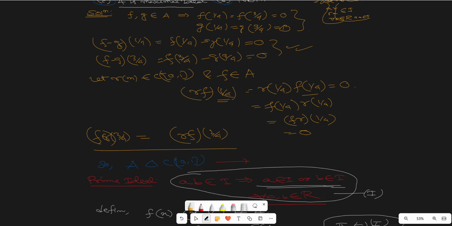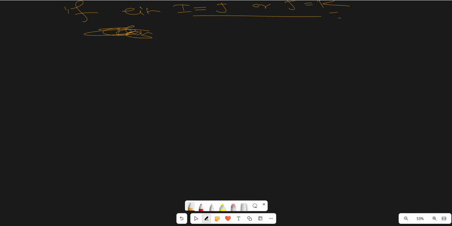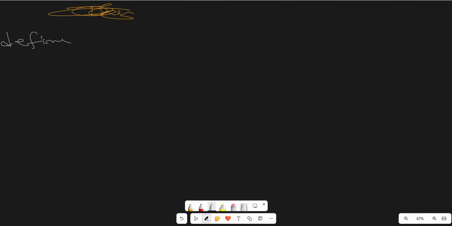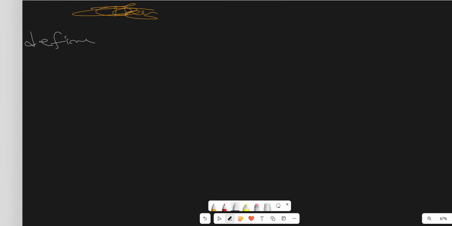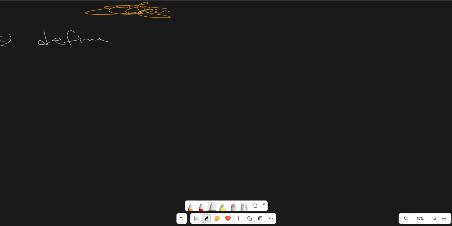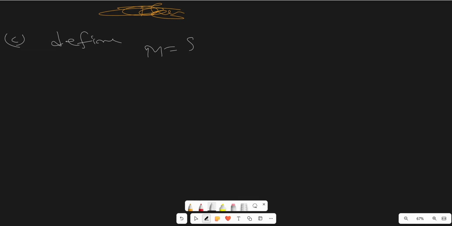So okay, what do you think about the option C, whether this is maximal or not? For maximal ideal, let's define a set M which is actually all those functions inside C01 such that f of 1 by 4 equals 0.